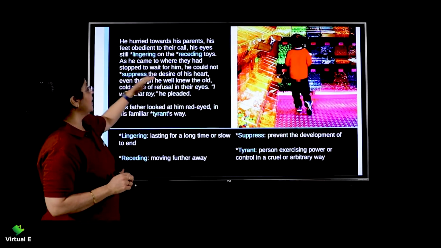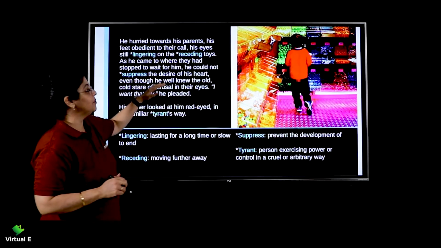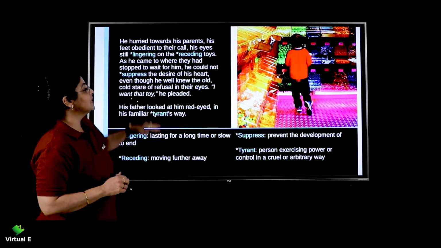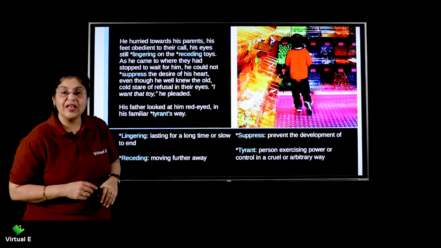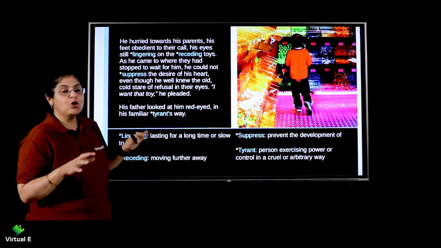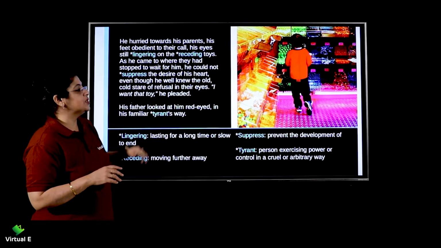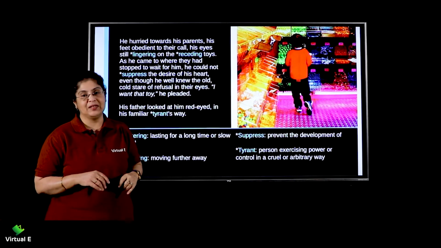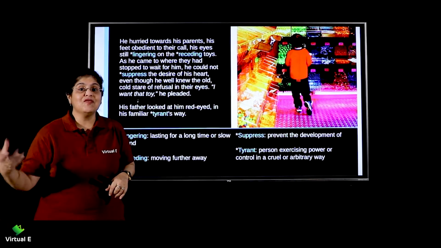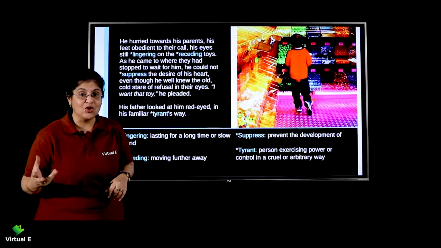As he came to where they had stopped to wait for him, he could not suppress the desire of his heart. Even though he well knew the old cold stare of refusal in their eyes, "I want that toy," he pleaded. Now, he was so fascinated, he really liked that toy so much.